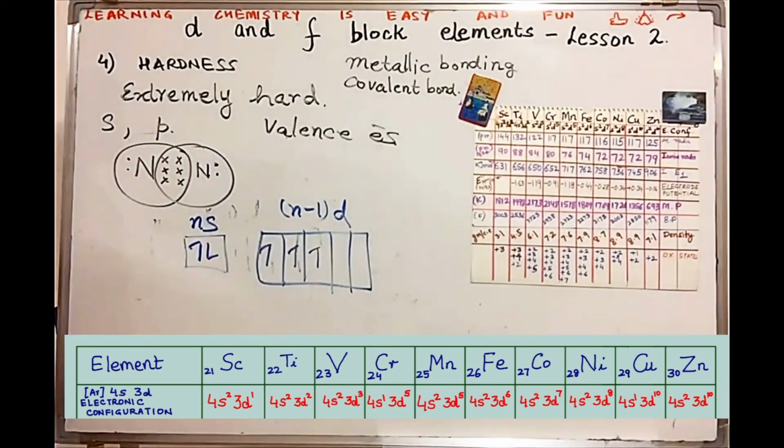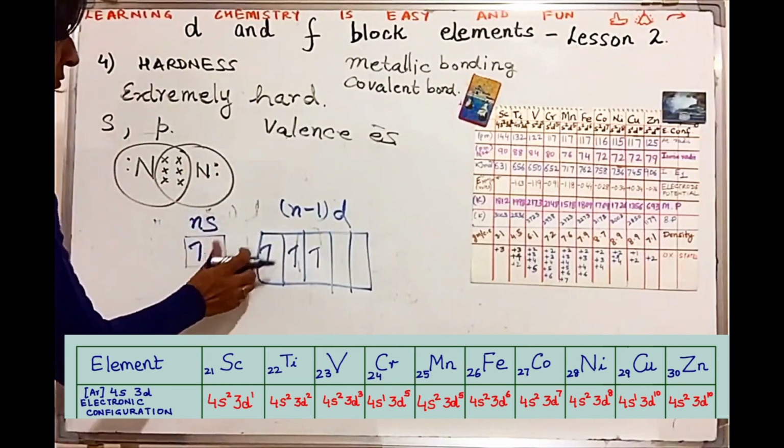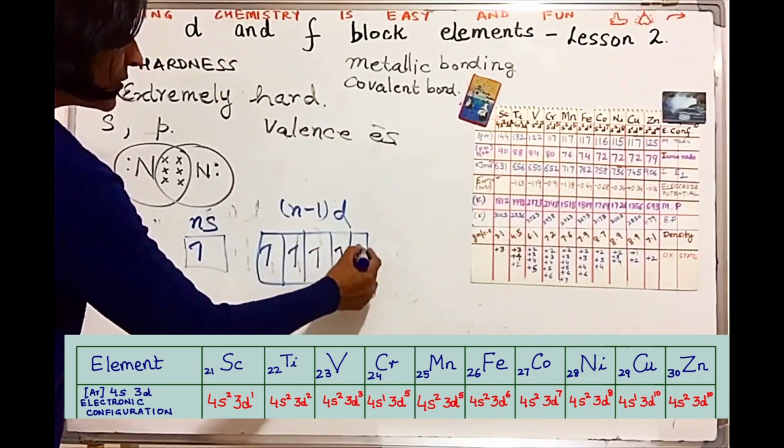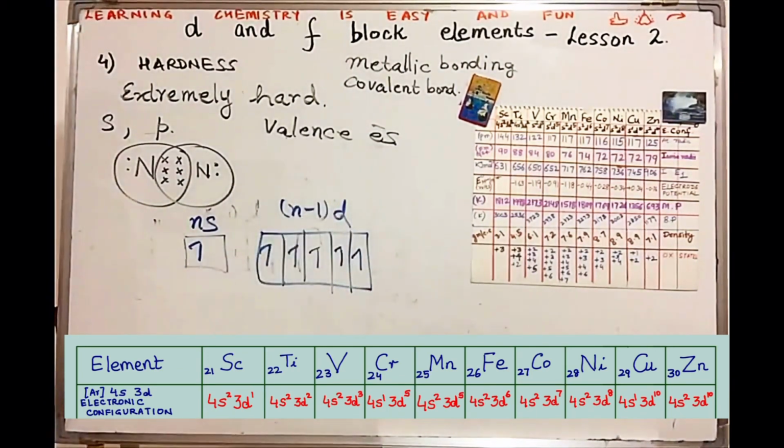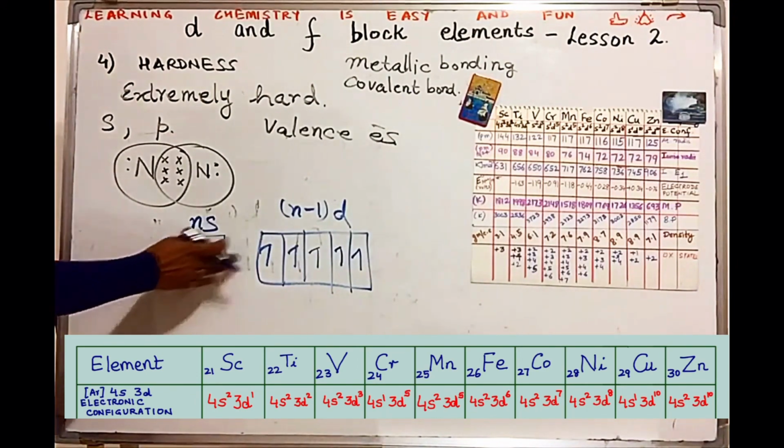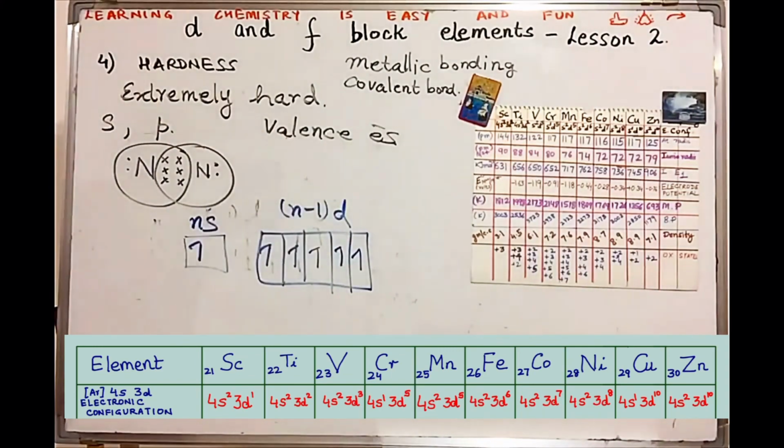s2d3. Go on to the next one, chromium, s1d5, right? Maximum number of unpaired electrons. Very hard. In fact, I think it's the fourth hardest substance, right? Because the number of unpaired electrons is very high over here.